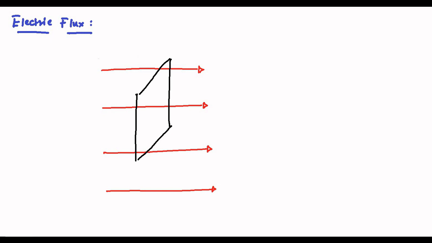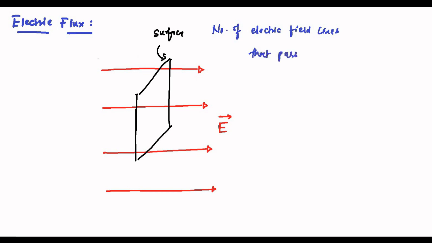This is the electric field and this is the surface. So electric flux basically is the number of electric field lines that pass through, that penetrate the surface area. That is called electric flux.